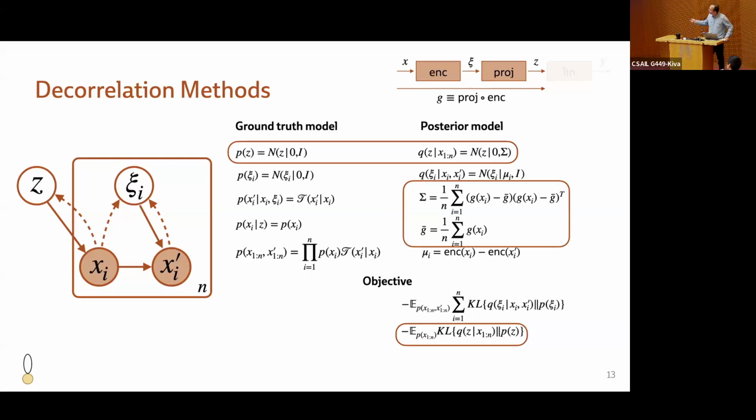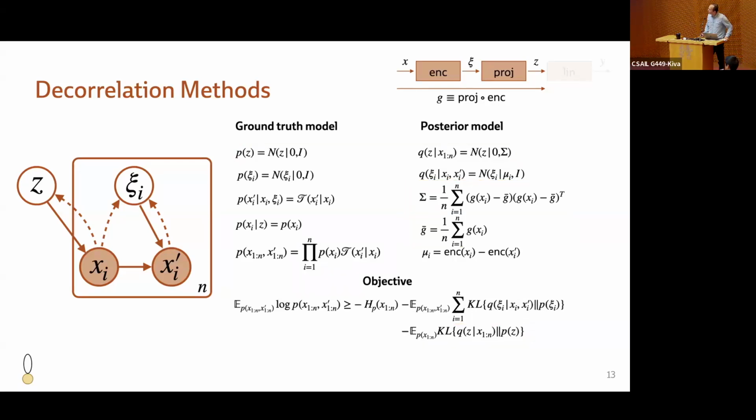Now that we have rewritten these two losses in this way, we can highlight that these two losses are still a lower bound on the negative entropy of the ground truth model. And so from here, we can derive other families of approaches for the decorrelation methods.